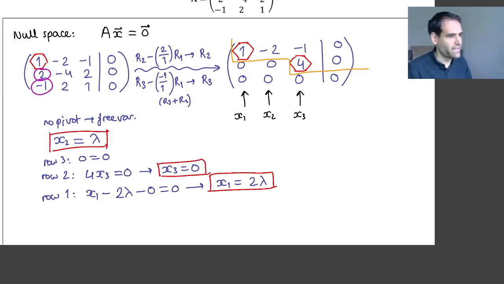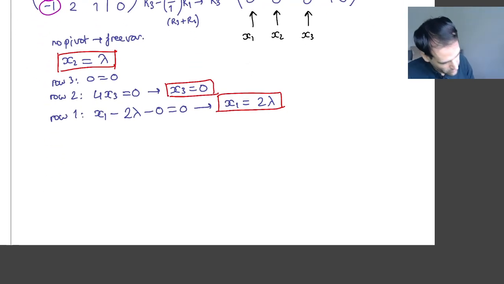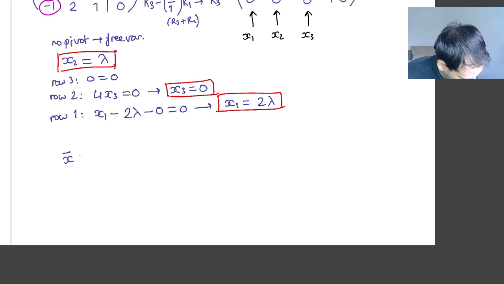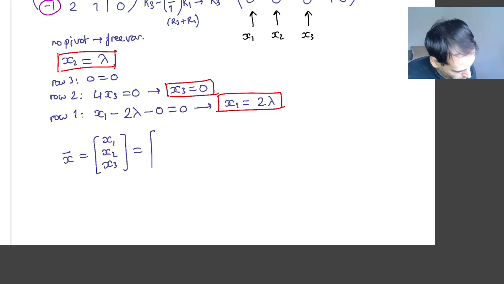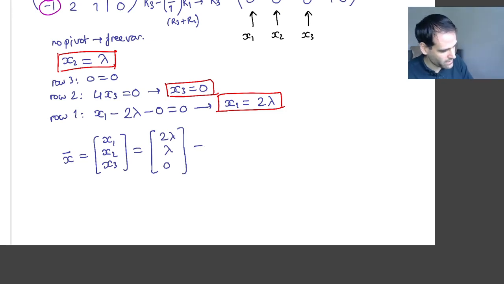Let's write it in a nicer parametric way. So we can write the vector x, which is equal to x1, x2, and x3, is equal to 2 lambda, lambda, and 0, which we can write as lambda times 2, 1, 0.